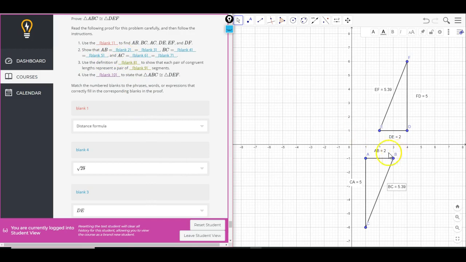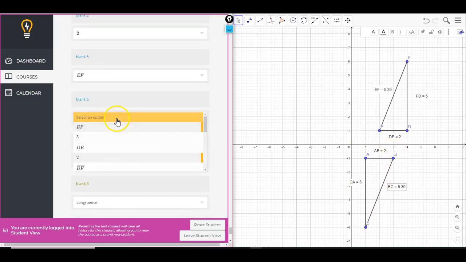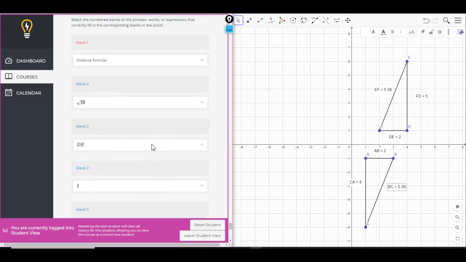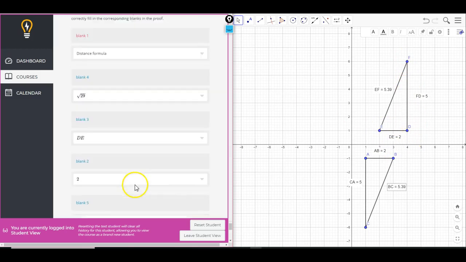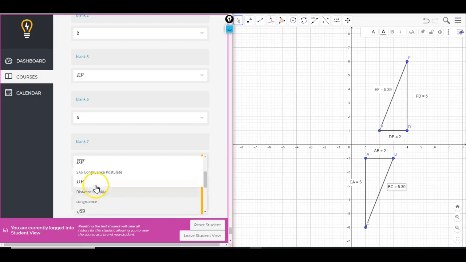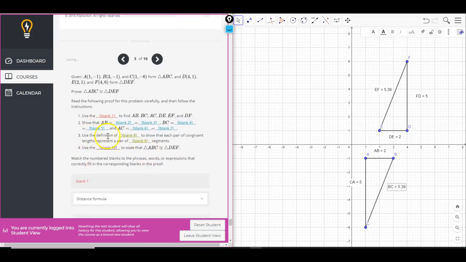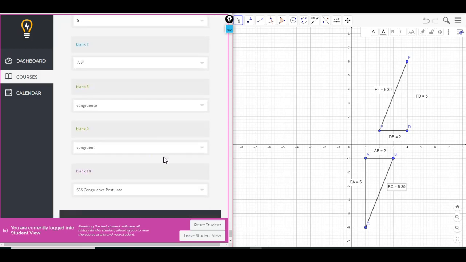So then AC is equal to 5. So blank 6 is 5, and blank 7 is going to be the distance of DF. Then it says use the definition of congruence to show that each pair of congruent lengths represents a pair of congruent segments, which is what we had.